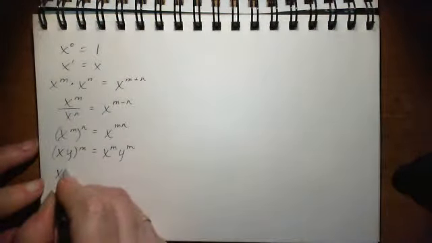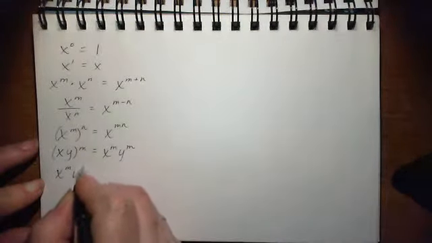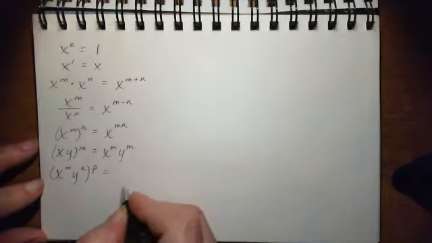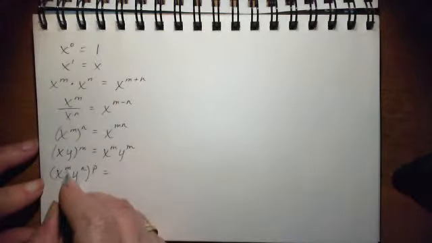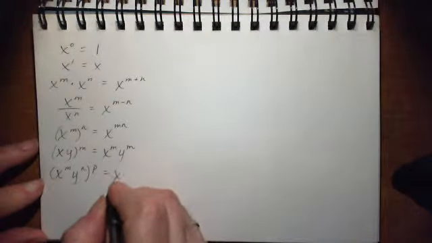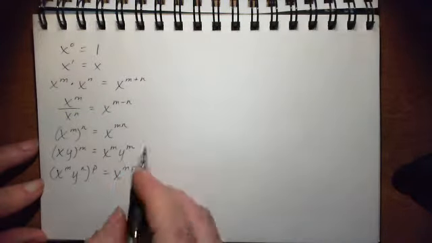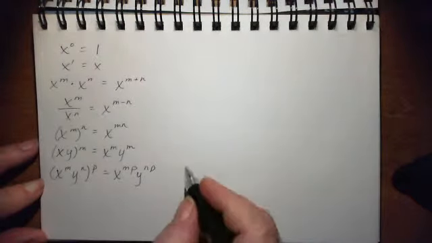If we have a product that also has exponents raised to a power, each factor in the product gets the new power, so we're now using the power rule more than one time where we multiply the exponents. So x gets the m times p power and y gets the n times p power.